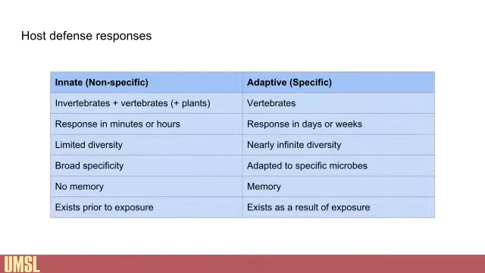Essentially, just about anything that our bodies are exposed to that is not self, we're generally able to produce specific antibodies against, and we'll talk about how that happens. So as a result, what we can see with our adaptive immune system is incredibly specific. We're able to differentiate different influenzas that we've been infected with from season to season. We're able to sense and detect differences in sub-species of Staph aureus that you may have been infected with.